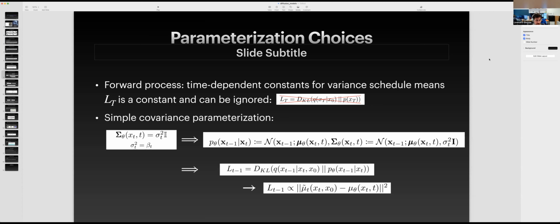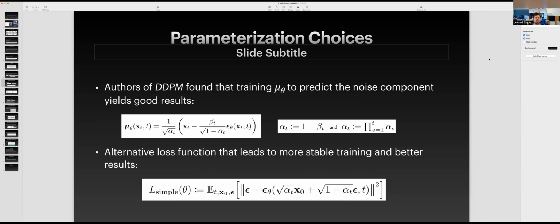The actual form of it is not important here, but the important takeaway is that this parameterization lends itself to a simpler form for the loss terms.